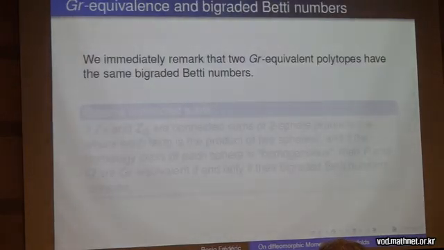And an obvious fact about this notion of graded equivalence is that the bigraded Betti numbers must be the same.